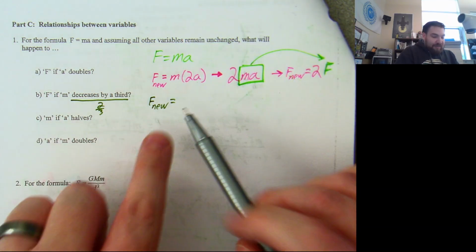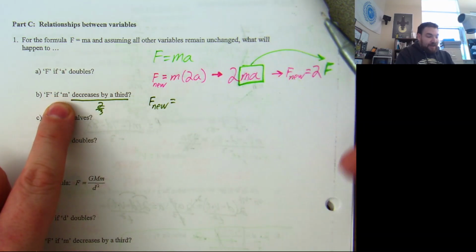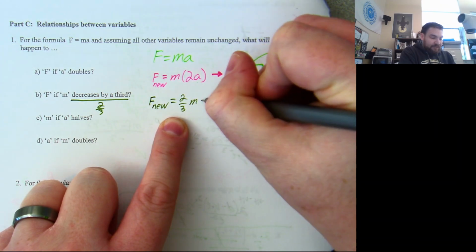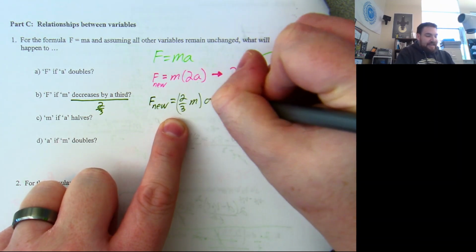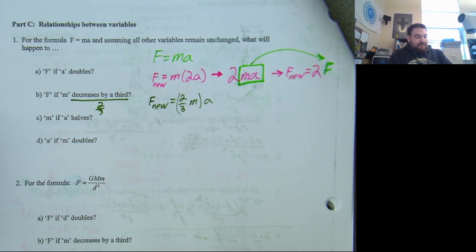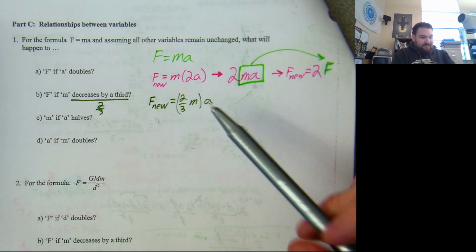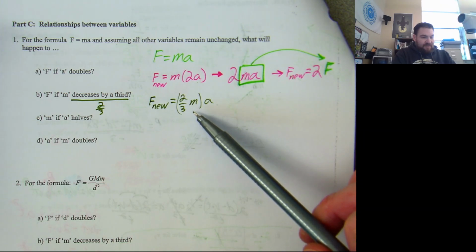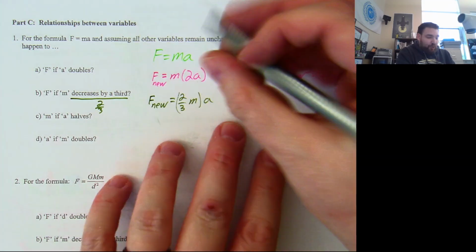So what I'm going to do then is replace M with 2/3 M, and nothing's happened to the A. And this is already kind of written in the order we need it to be in.